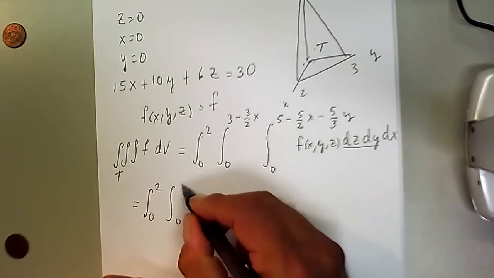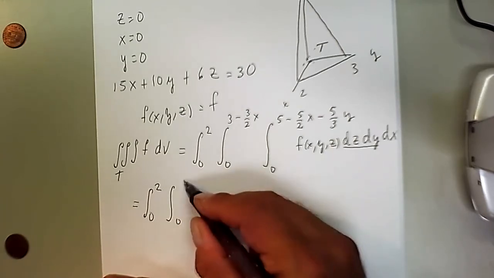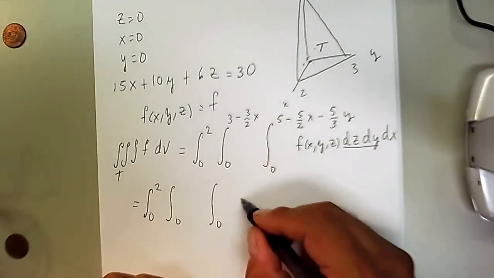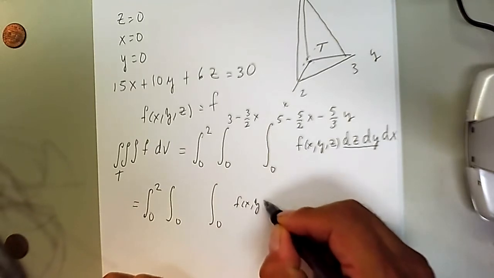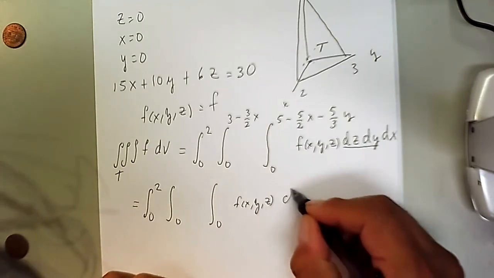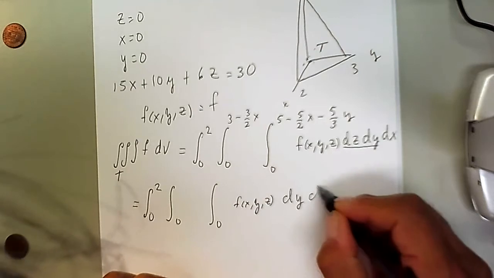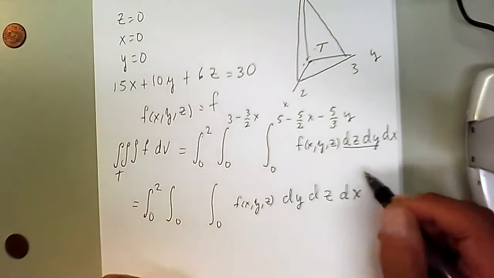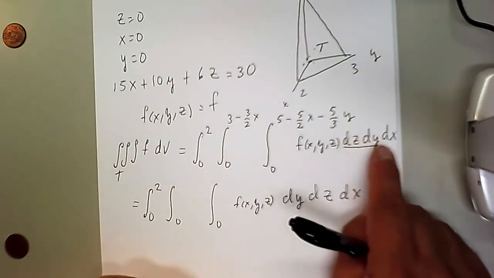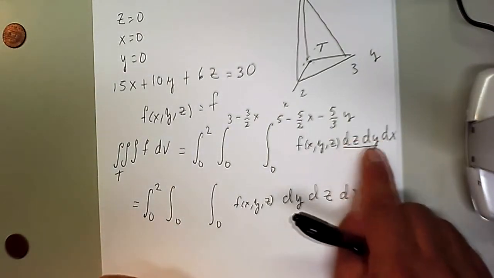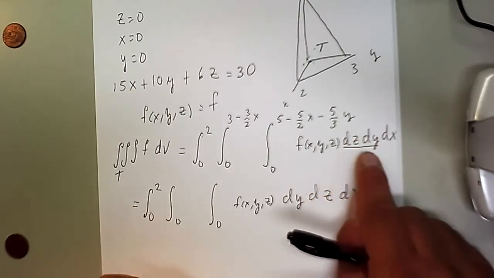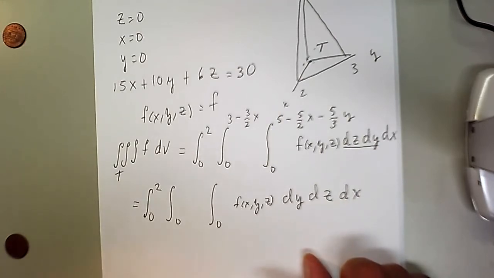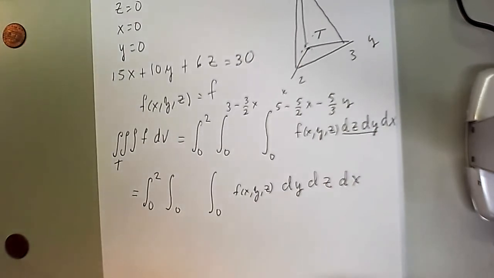There's going to be 0, blank, 0, bigger blank, f of x, y, z, dy, dz, dx. There are 6 different ways to rearrange dz, dy, dx. One of them is dz, dy, dx. Another one is dy, dz, dx. And there are 4 more to go after this one.